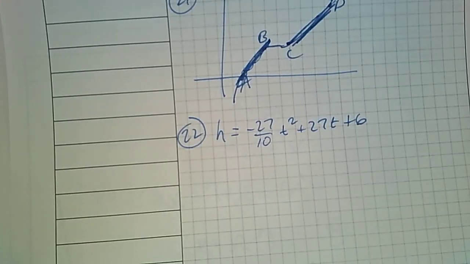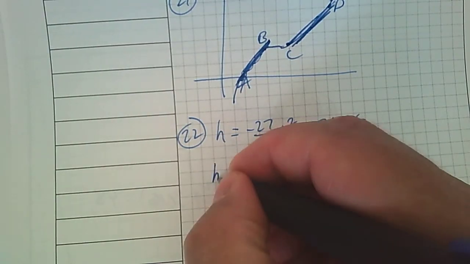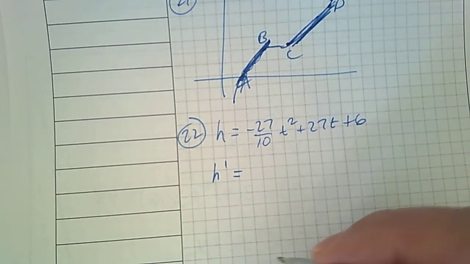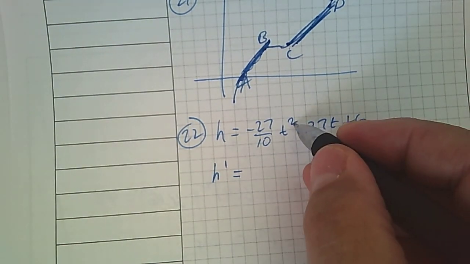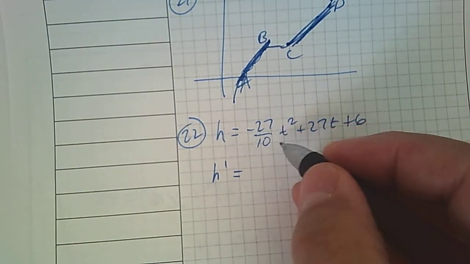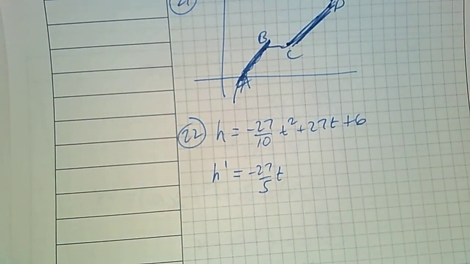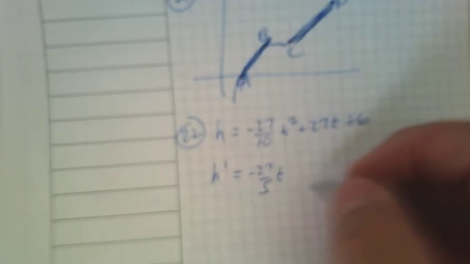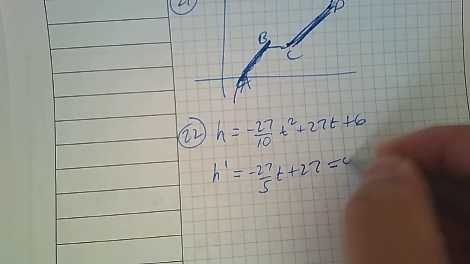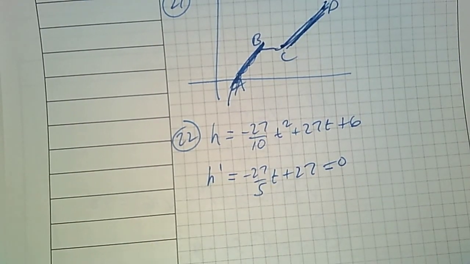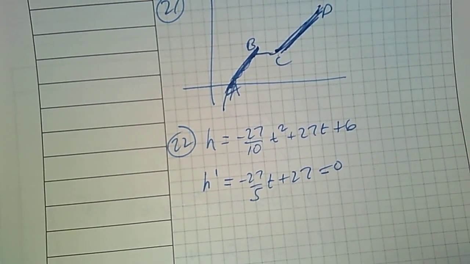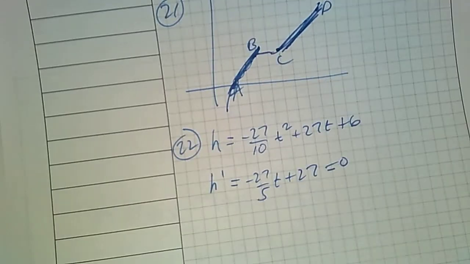So it's going to reach its greatest height, and you're first going to take the derivative of this. So if I go 2 times this, 2 goes into 10, 5 times, subtract 1 from the exponent. The derivative of 27t is 27. We need to make that derivative equal to 0.